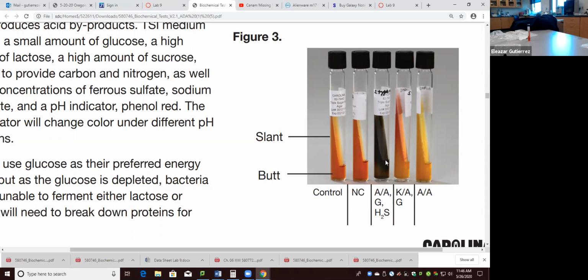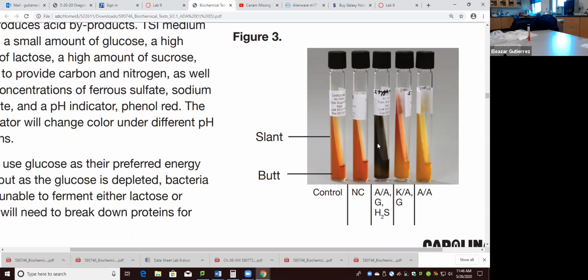Just the way that oxygen would be reduced in you to produce H2O, water, because oxygen is a final electron acceptor in the electron transport chain. Here, sulfur is the final electron acceptor in the electron transport chain, and it makes hydrogen sulfide gas, H2S, okay?